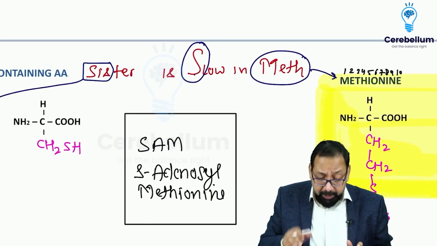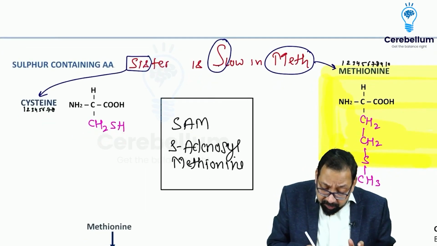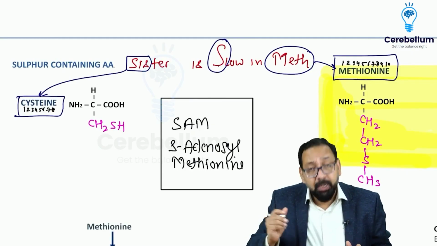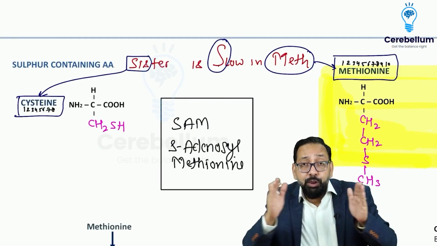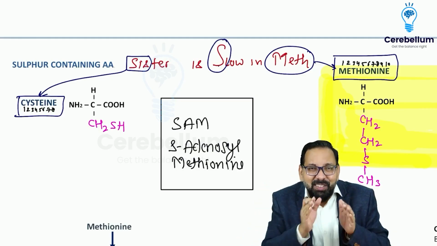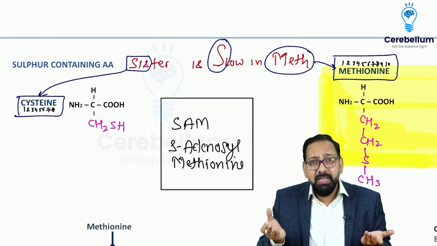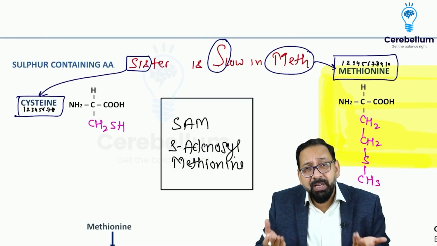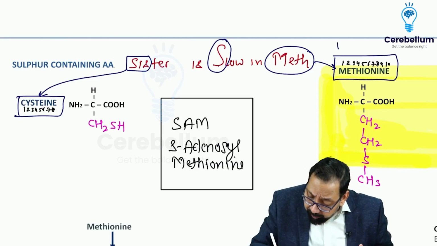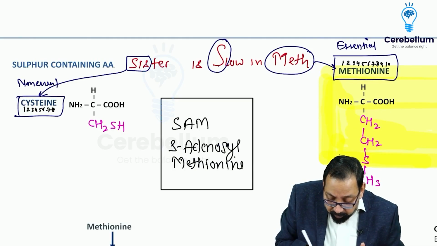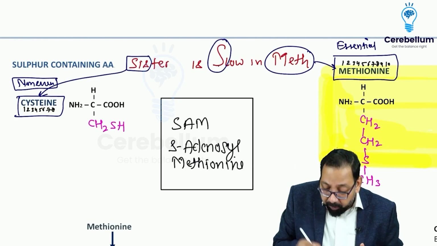So sulfur containing amino acids are cysteine and methionine, and you can easily differentiate that methionine is large and cysteine is small. The large one is difficult to synthesize and cannot be synthesized in our body, so it is essential. So methionine is essential and cysteine is non-essential, because cysteine is synthesized in our body.